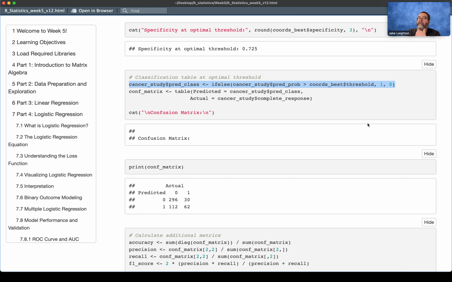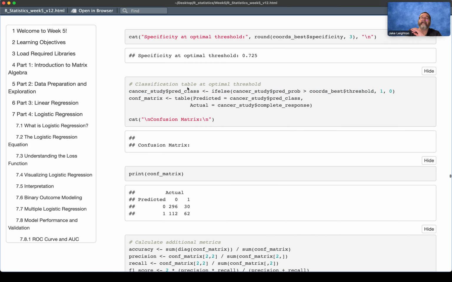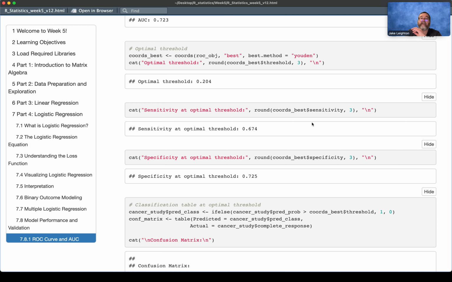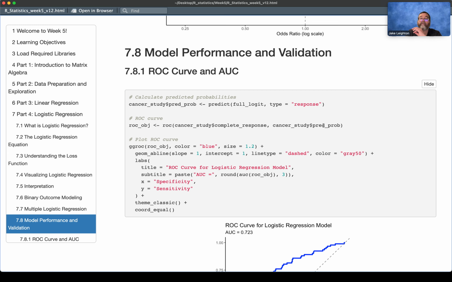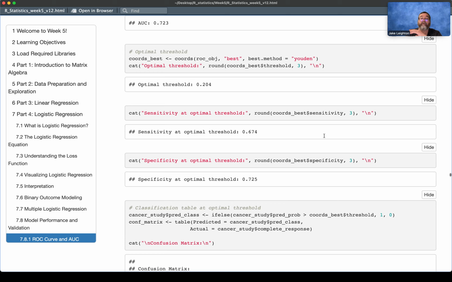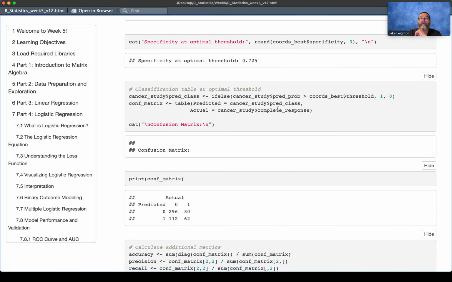So far we've done the probabilities, right? Now I'm taking those predicted probabilities and I'm just saying, are you over the threshold? If you're over the threshold, you're 1. If you're not, you're 0, right? So instead of comparing the predicted probabilities for the ROC model, now I can have the real response, right? So now I can do response against class, which is the actual class of predictions.